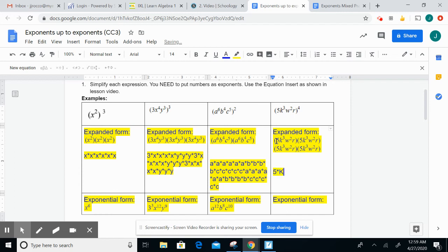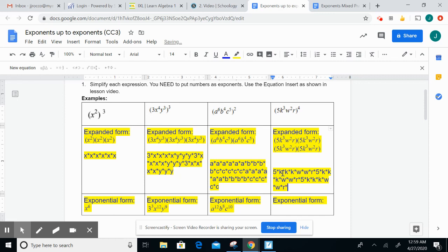So 5 times k cubed times w squared times r. All right, so that's one of our sets of parentheses spread out. So let me Control C, and then paste 2, 3.